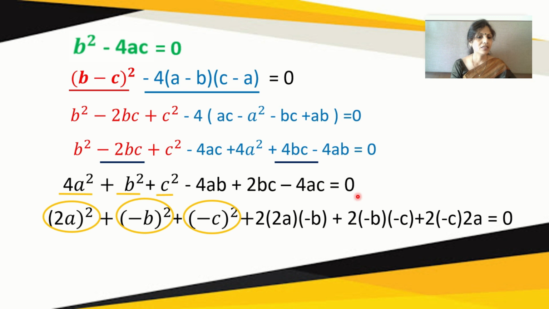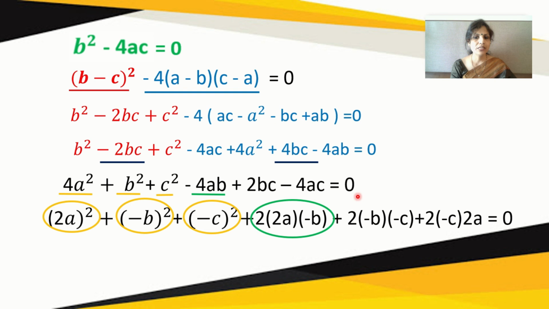Then minus 4ab I have written like this, plus 2, in the bracket 2a, other bracket minus b, and if you multiply these we get minus 4ab.